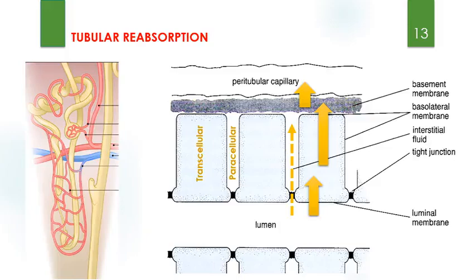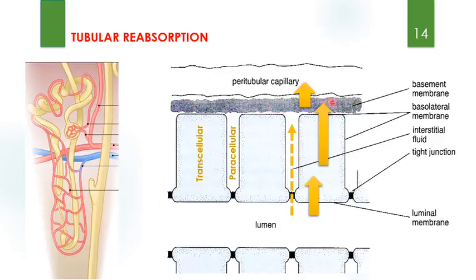Tubular reabsorption occurs from the tubular lumen to the peritubular capillary by two pathways: the paracellular pathway and the transcellular pathway. In this figure, you see how renal tubules are closely related to peritubular capillaries.